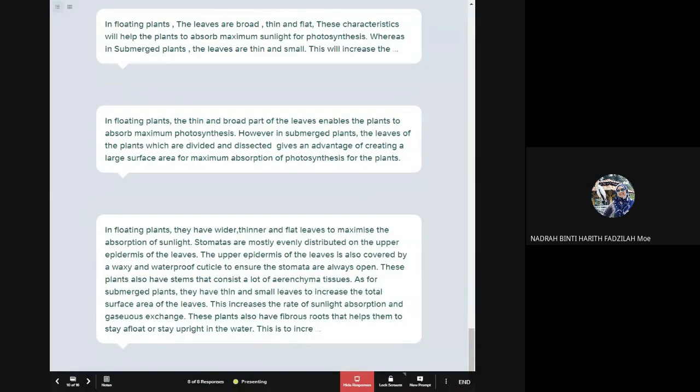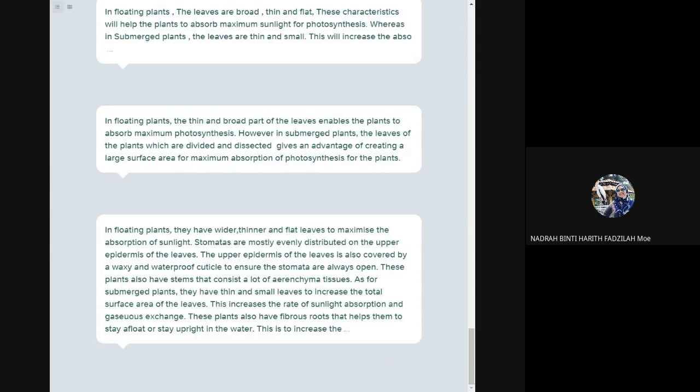Okay, very good. So anak-anak, in summary, kamu nampak tak setiap satu explanation untuk adaptation for gaseous exchange, adaptation for support, adaptation for photosynthesis ni boleh jadi soalan 3 ke 4 markah untuk setiap satu jenis tumbuhan. Misalnya kata, kalau dia bagi gambar water lily, so what are the adaptations for gaseous exchange for this plant?